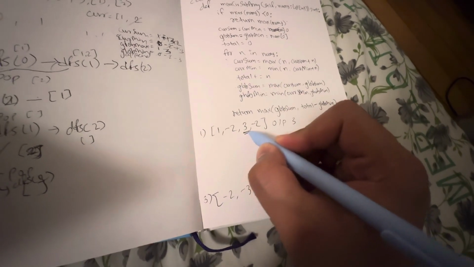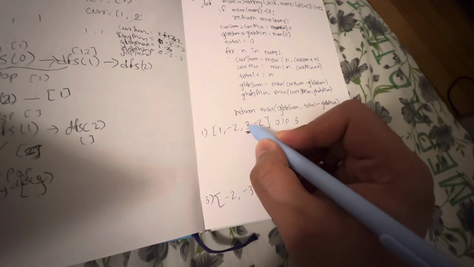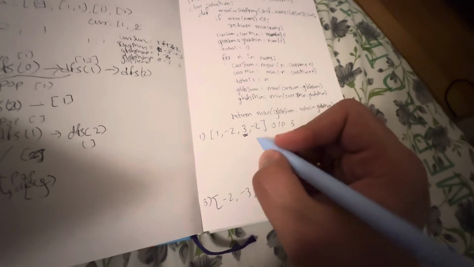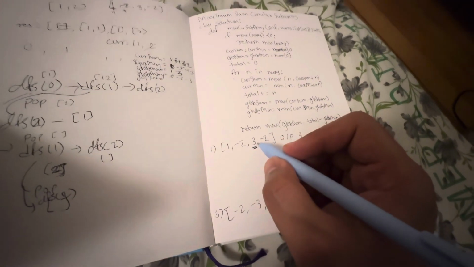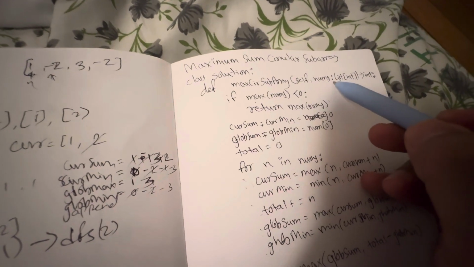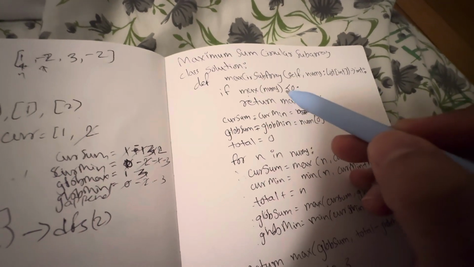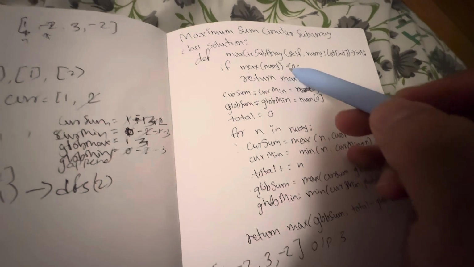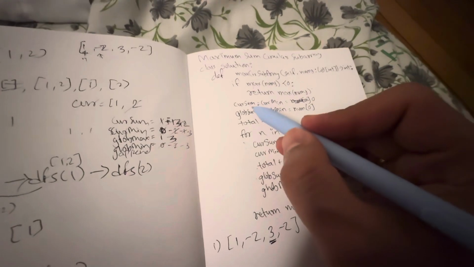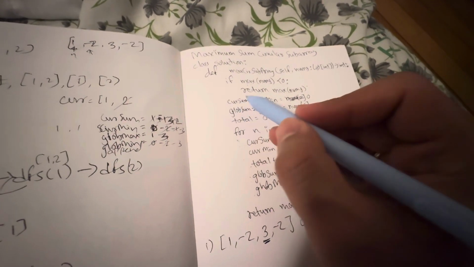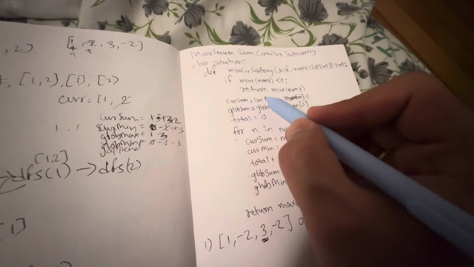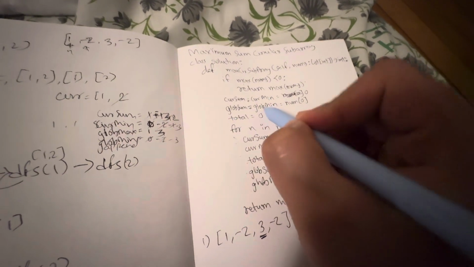Okay, so we have two more cases to understand this problem. So let's take this where we have maximum element 3 in the middle. How it will work: we will get nums here, then it will check if max of nums is less than 0, which is not. Then I'm creating four variables, current sum, current min, global sum and global min.